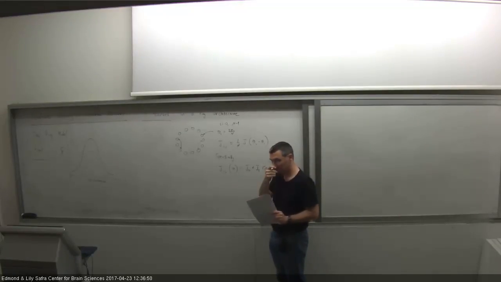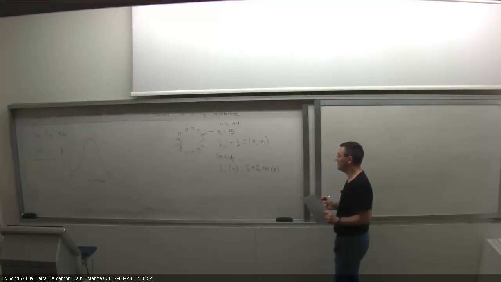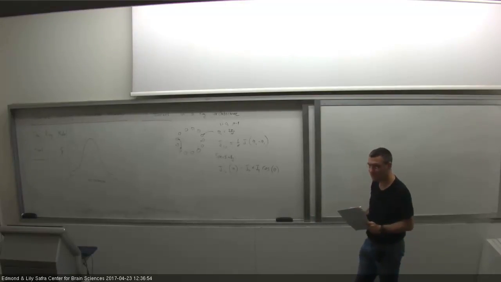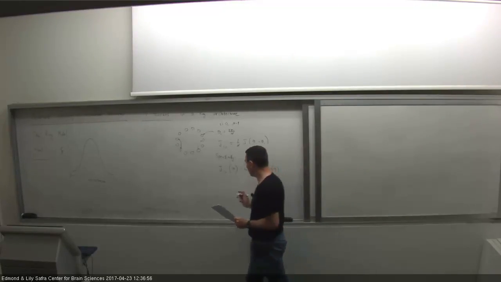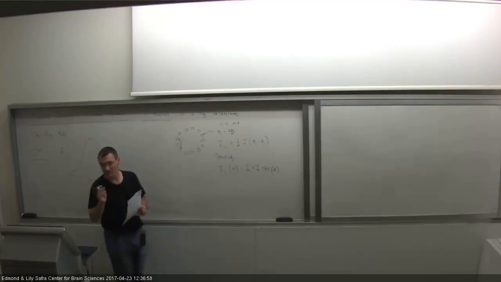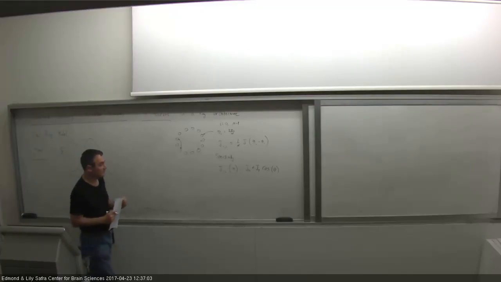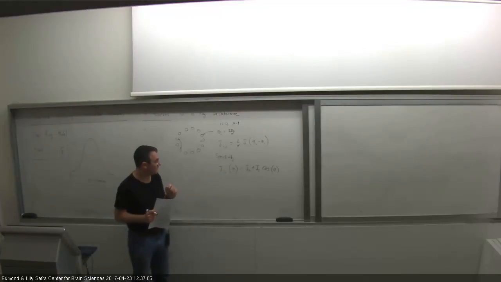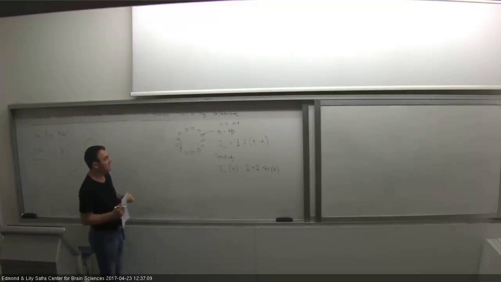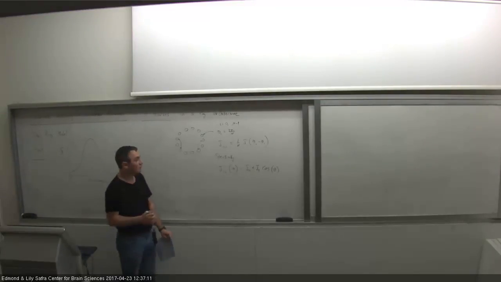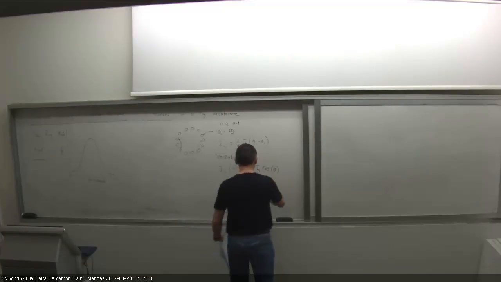So J_ij is equal to J_ji, yes. In this example. Later we will consider a case where connectivity is not symmetrical. But here we will assume that the connectivity between neurons has this structure. What does it mean? J0 and J1 are positive.